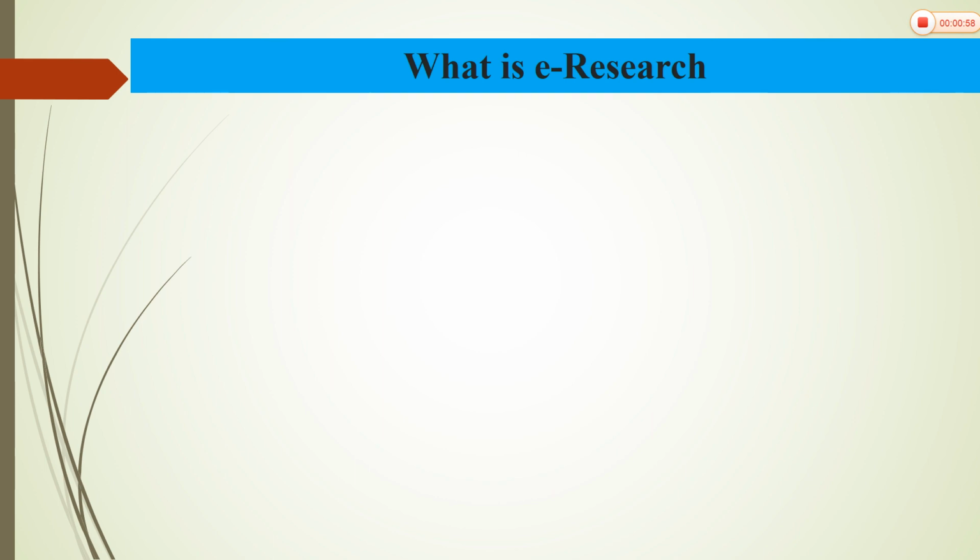What is e-research? The 21st century is the age of information and communication technology. The revolution in the field of ICT has influenced every aspect of social life, social science and education research, as well as the teaching learning process.